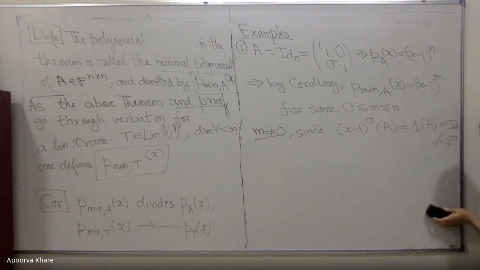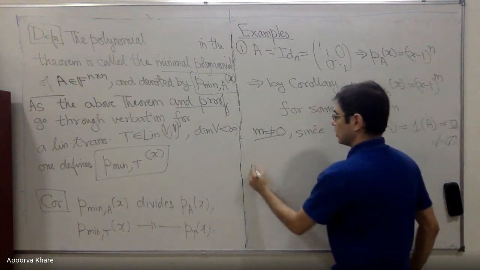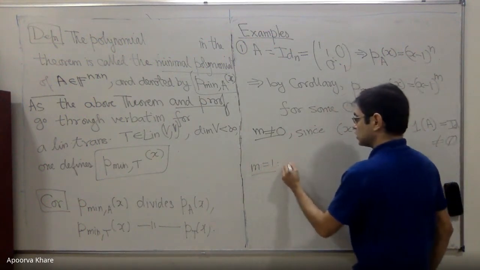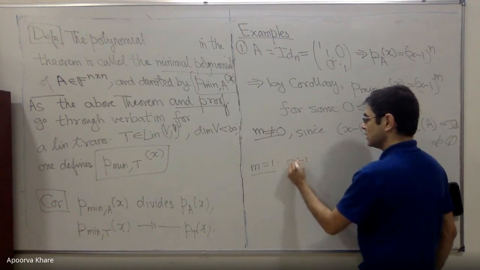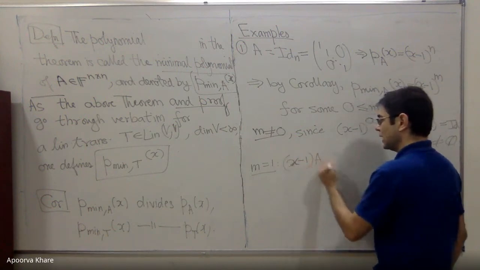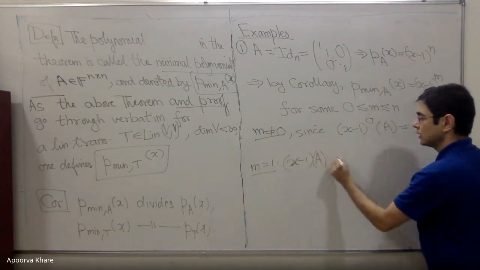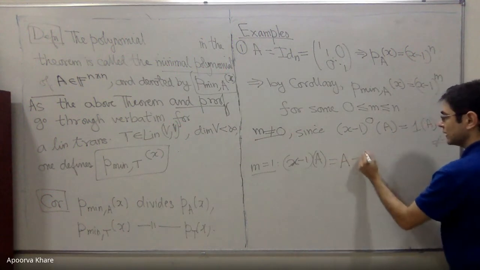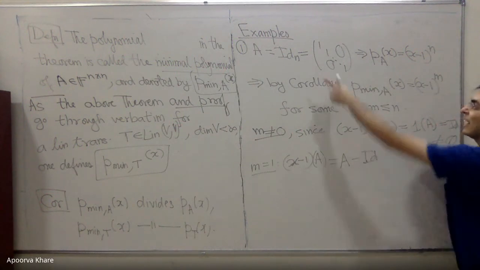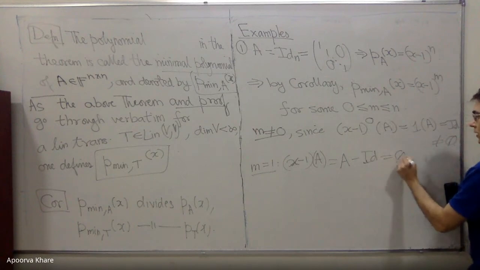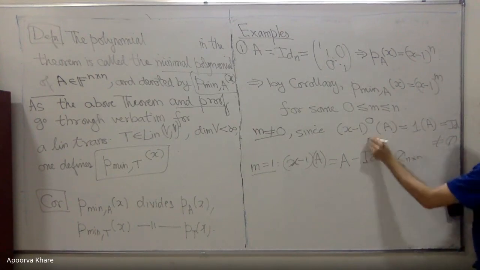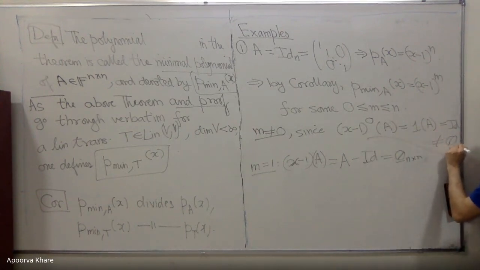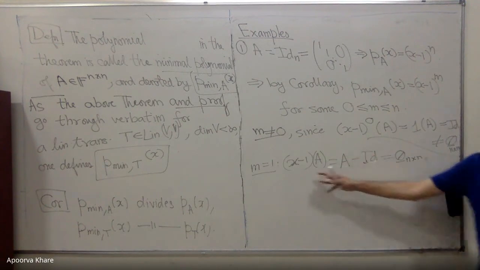Good. What about m equals 1? So x minus 1 applied to A is exactly A minus identity. Aha, and look, that is exactly 0. And therefore that must be it, right?